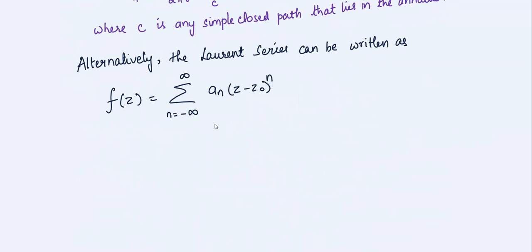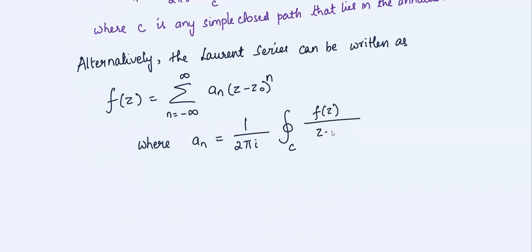This takes care of all the powers. a n will be 1 by 2 pi i times the integral of f of z by z minus z naught to the power n plus 1 dz.